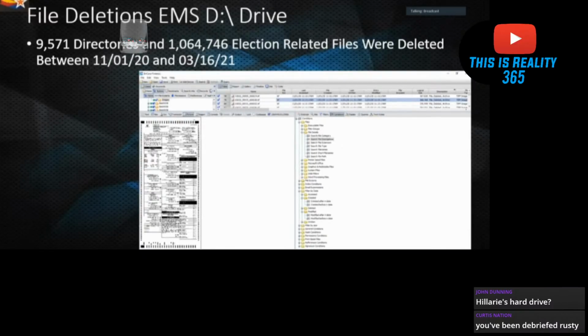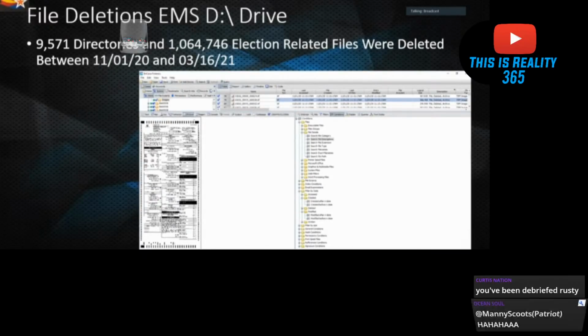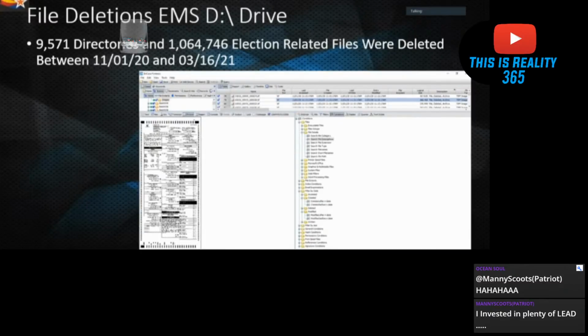The second logical drive was called the D drive, and that contained all of the election database, both historically and should have contained the information for this 2020 general election as well.